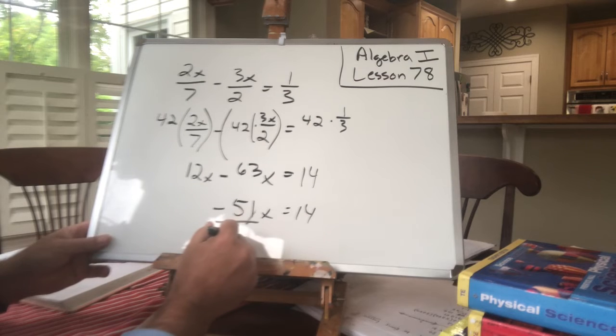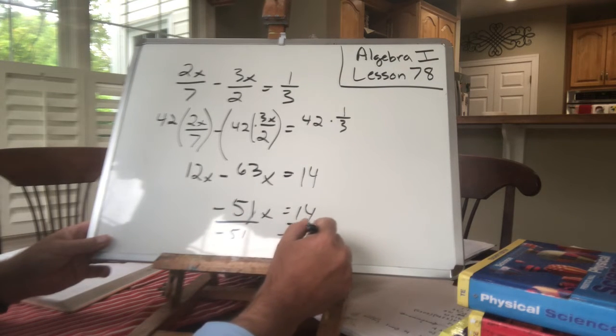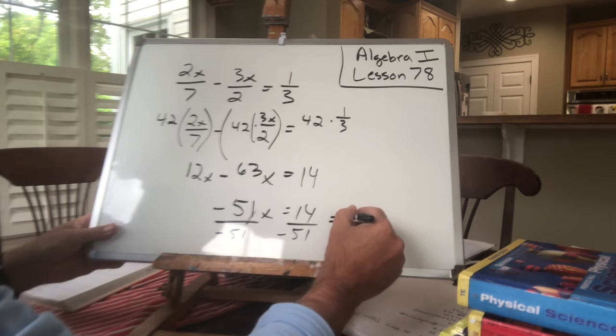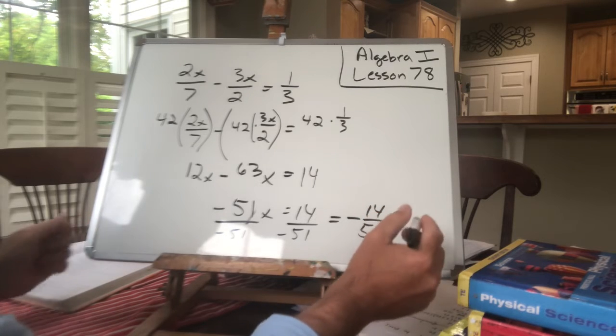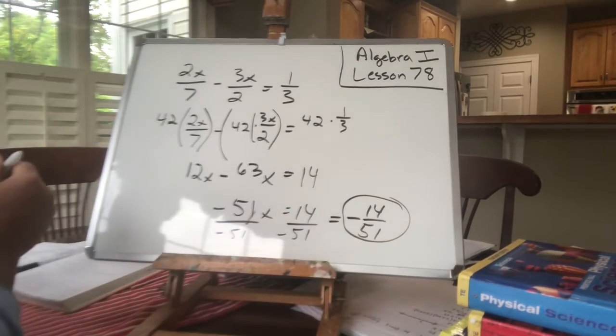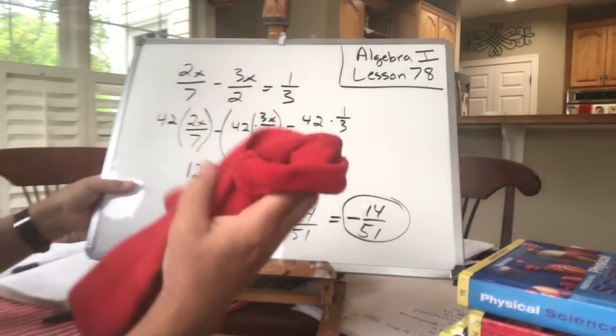And I divide by negative 51. Believe it or not, that is the ugly answer of negative 14 over 51 because I cannot reduce that any more than that. Okay, that was the second example of the math lesson. All right, I hope you guys are still with me. If you're not, watch it again.